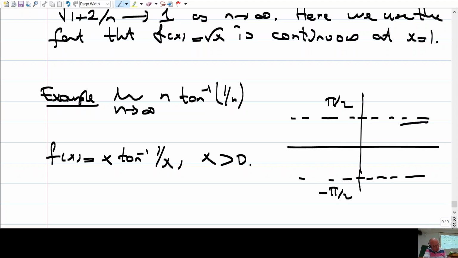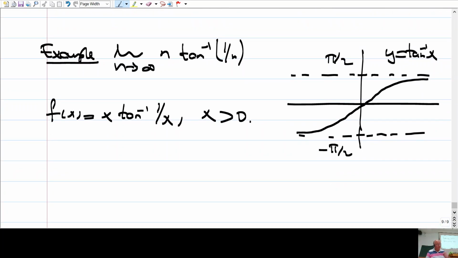Tangent inverse x has a graph like this, y equals tangent inverse of x. But this is not tangent inverse of x. It's x times tangent inverse of x. It's something different than that.